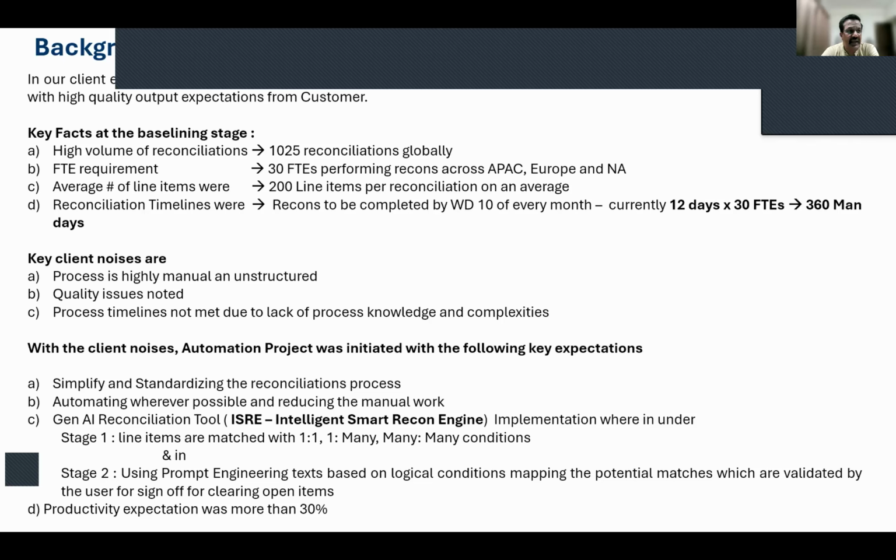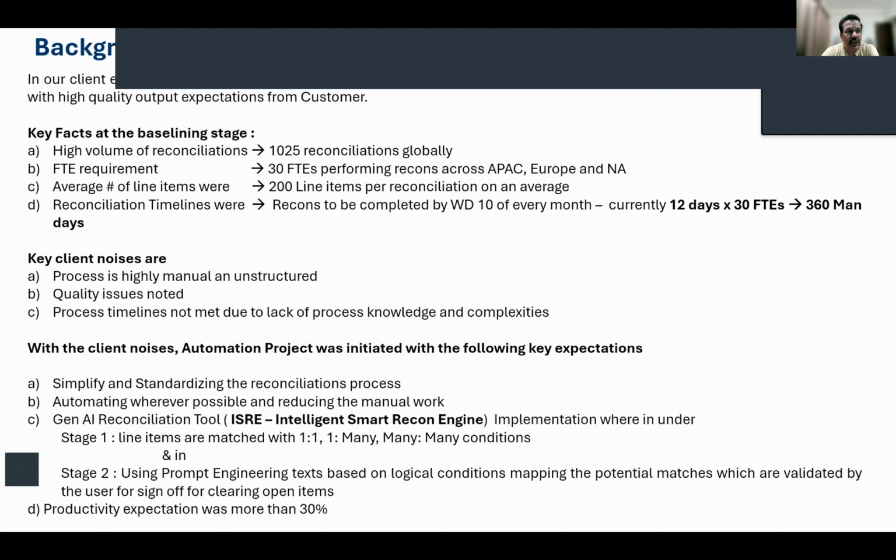With these, we started to simplify and standardize the reconciliation process, automating wherever possible and reducing the manual work. We have implemented a new generative AI based tool, which we call ISRE, the Intelligent Smart Recon Engine. In stage 1, we match the line items one-to-one between two sets of records, and also one-to-many and many-to-many matches.